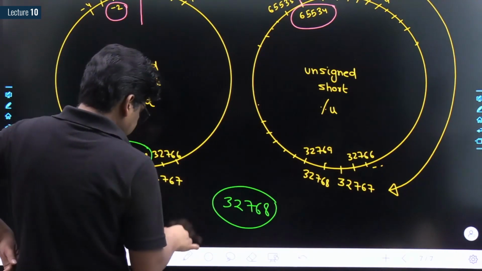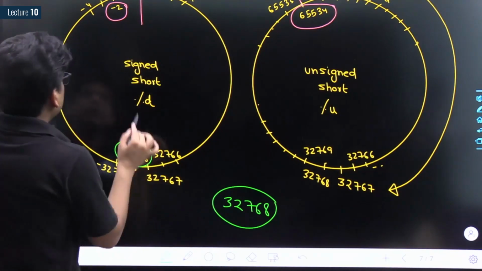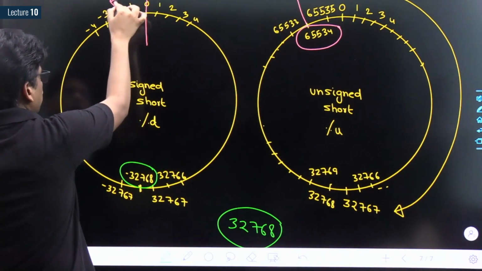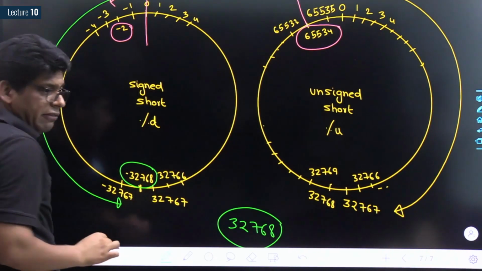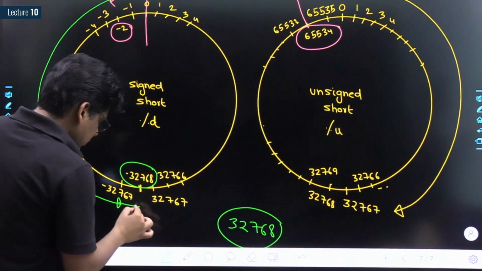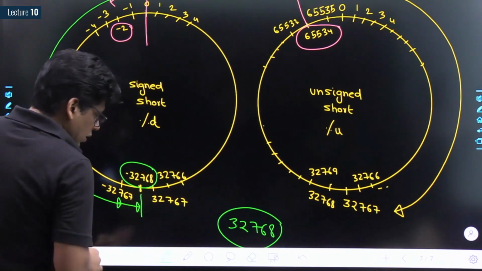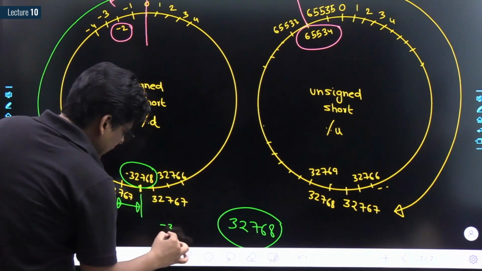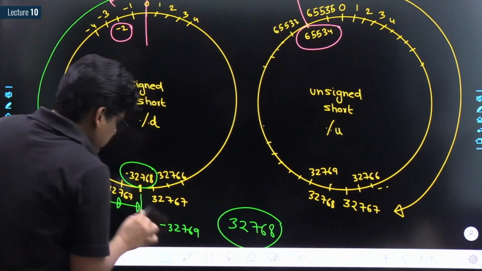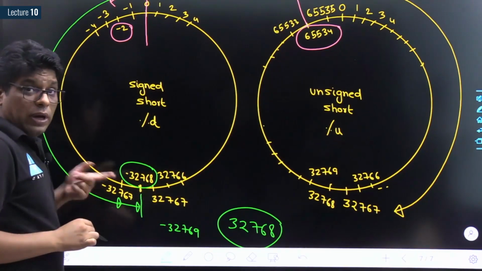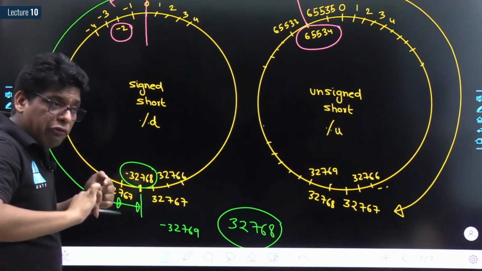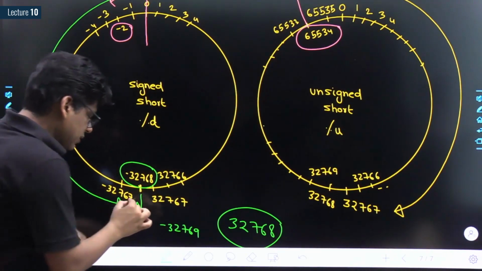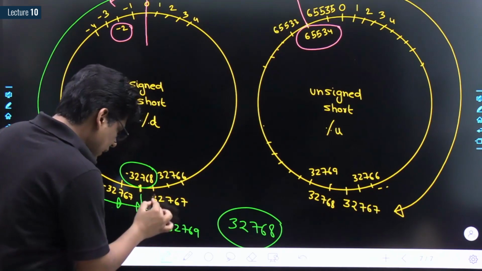Sir, the compiler will move like this, because we have a negative value. But, sir, it reaches here. What we need to store is minus 32769, which is one less than this value. That means the compiler will keep on moving one more position in the same direction. That means the compiler will come here.